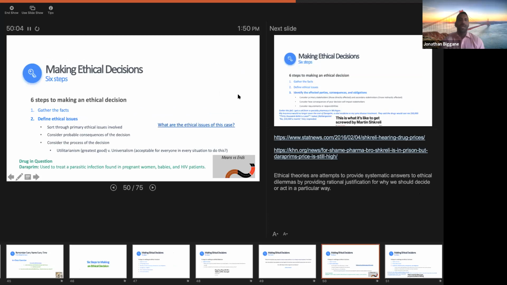So we can say, all right, this is a drug that was necessary to survive. Martin Shkreli's company bought it with the intention of raising it to a price that most people couldn't afford. And it was going to put a lot of people at risk of potentially losing their life. And so the consequences here are pretty high. The ethical issues, I think we can state them as pretty clear, being that they're raising the price of a drug that's no longer affordable.